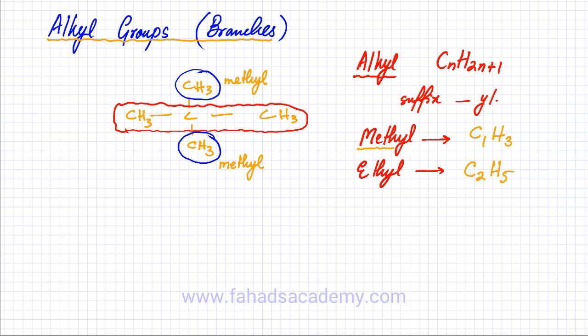Let me give you an example of a molecule that has a methyl and an ethyl group or an ethyl chain. For example, we have a total of 5 carbon atoms, and there are 2 carbon atoms on this side, and there's 1 carbon atom on this side. And let me draw all the hydrogen atoms.